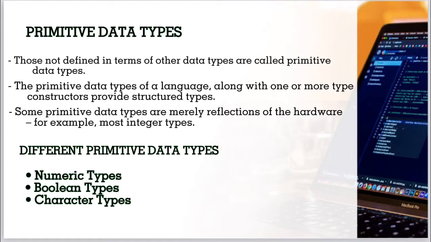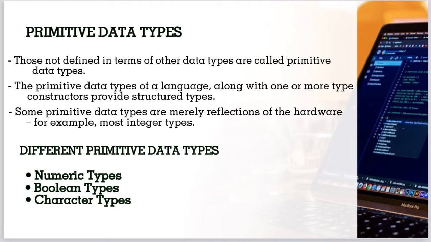Almost all programming languages, such as C++, C, JavaScript, and others, provide a set of primitive data types. Some of the primitive data types are merely reflections of the hardware, for example, most integer types.